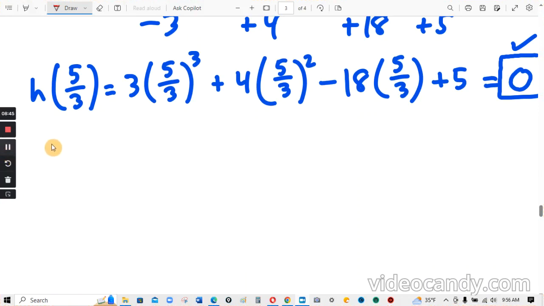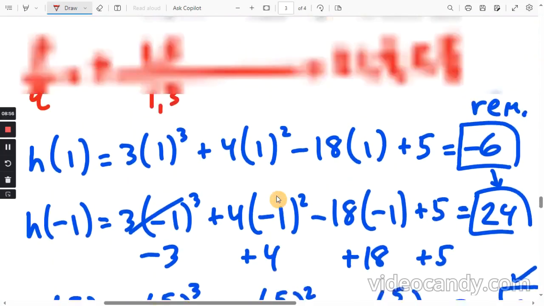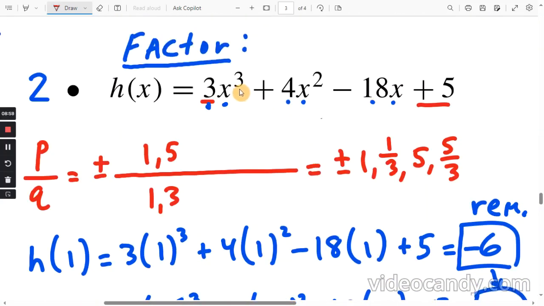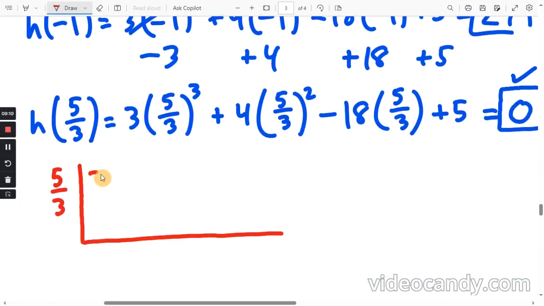All right, so you start with 5/3. And you leave the bracket enough room for 2 rows. All right, and leading exponents here, you have to count down 3, 2, 1, 0, so it works. So we're going to use 3, 4, -18, and 5.